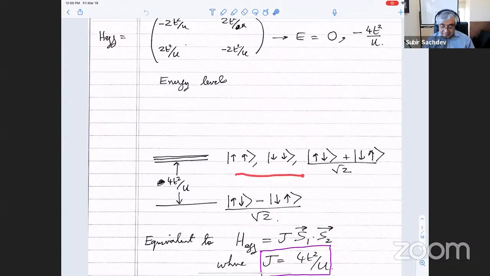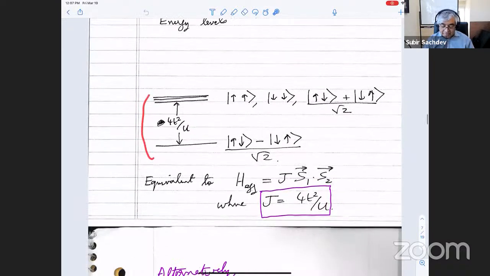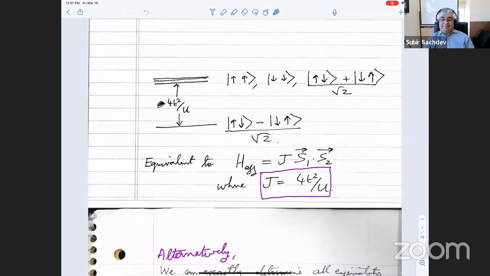These are precisely the triplet and singlet combinations of 2 spins with spacing 4T squared over U. So you will get exactly the same wave functions and exactly the same energies if your effective Hamiltonian was written like this. They're exactly the same because they have completely the same spectrum, and also the wave functions. For this calculation to match this one, J must be 4T squared over U. Okay, so that's the canonical way you get this result.